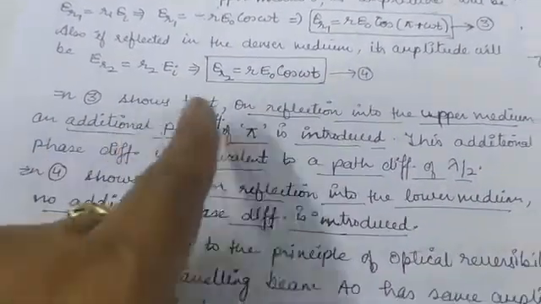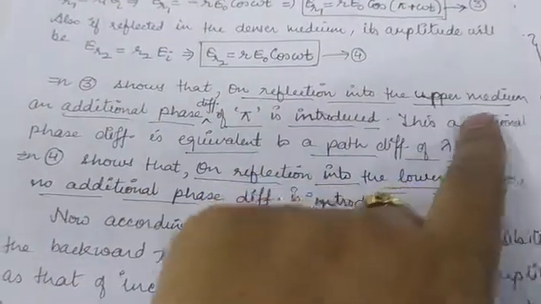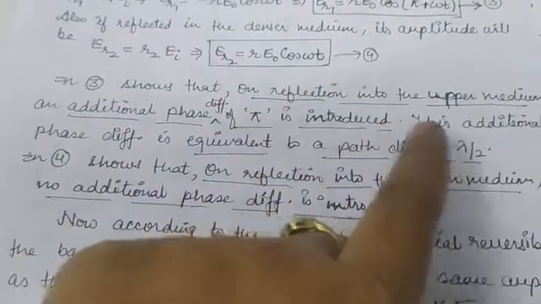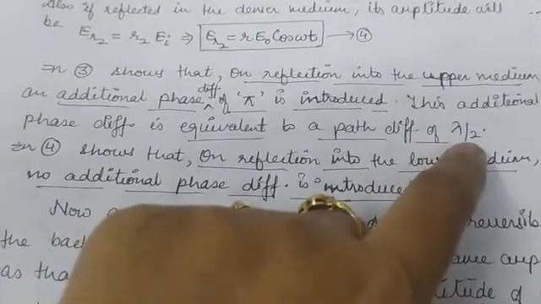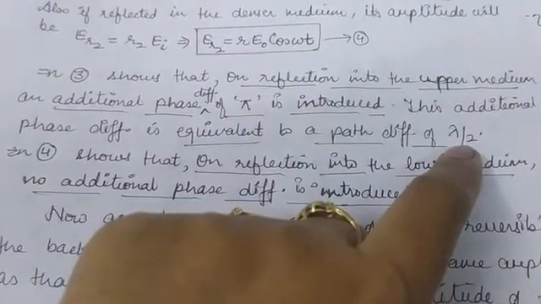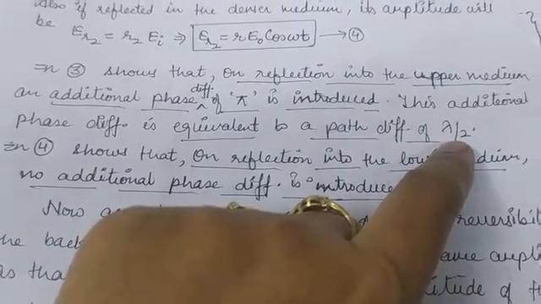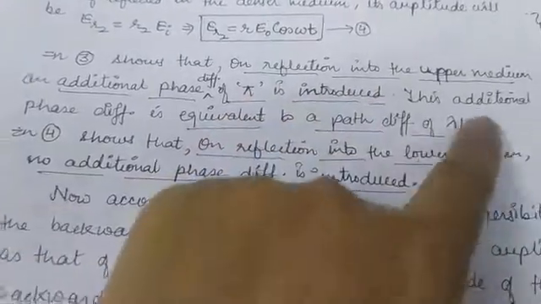So equation 3 shows that on reflection into the upper medium, an additional phase difference of pi is introduced. This additional phase difference is equivalent to a path difference of lambda by 2. Apply the same equation: phi is equal to 2 pi upon lambda into delta. So phi is given to be pi over here, and delta you have to find out.